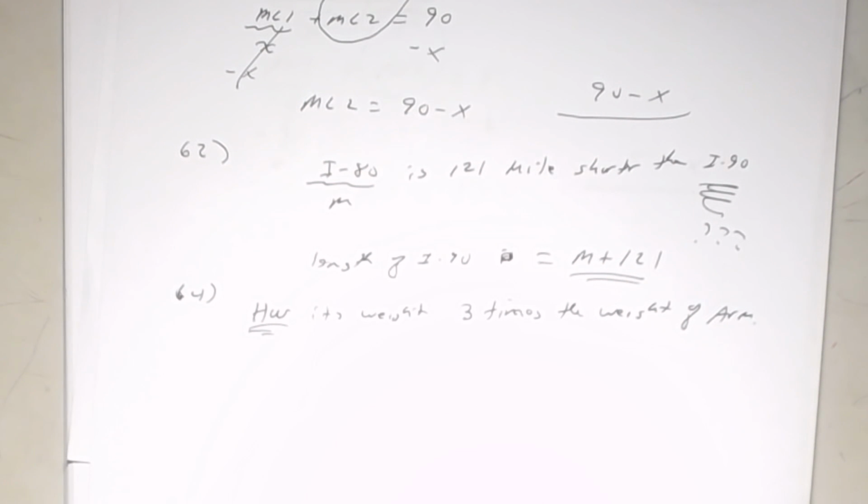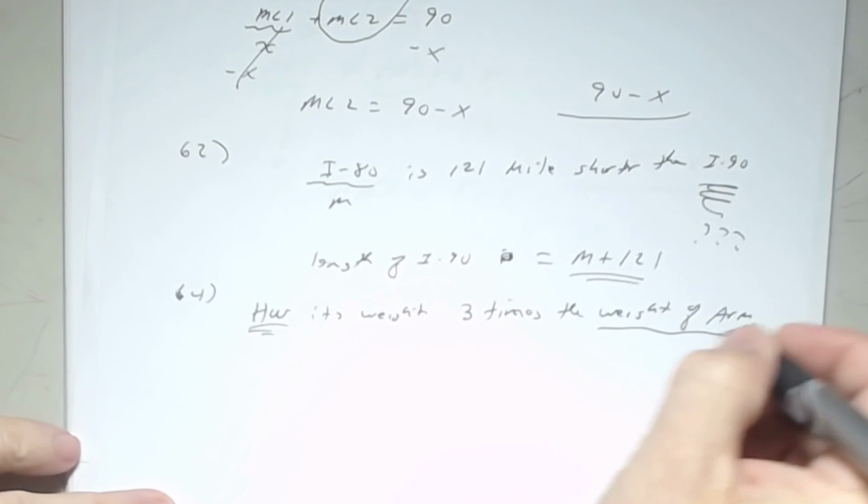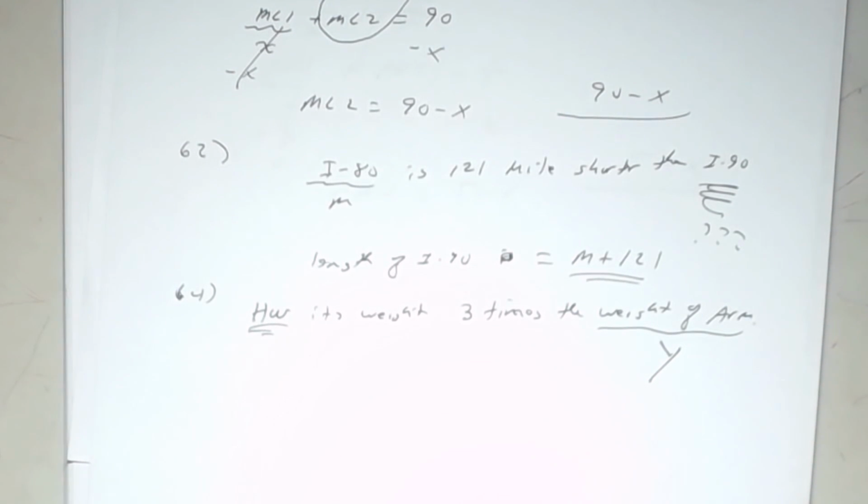And it says, if the weight of Almaty is what? y. So this right here is represented as y, correct?